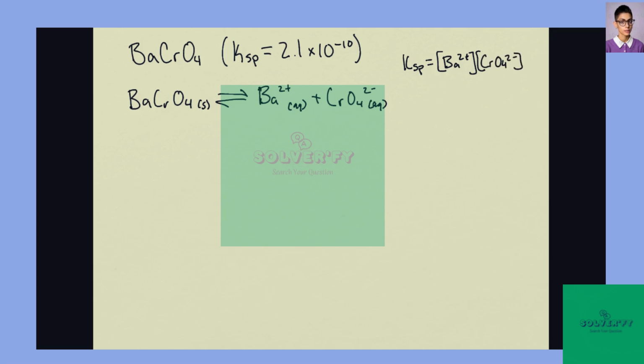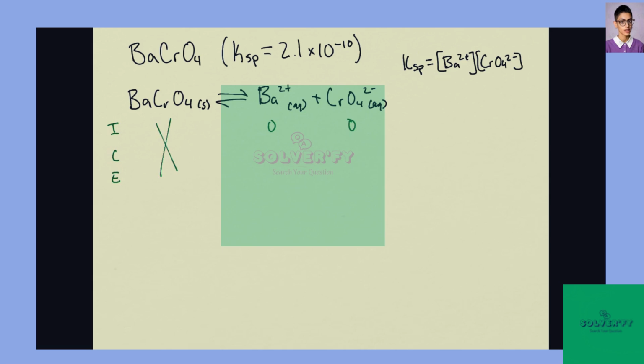Okay, now let's set up an ice table. We don't use solids in our calculations, so we can just ignore BaCrO4 here. But for our aqueous compounds, our initial concentrations are just 0.